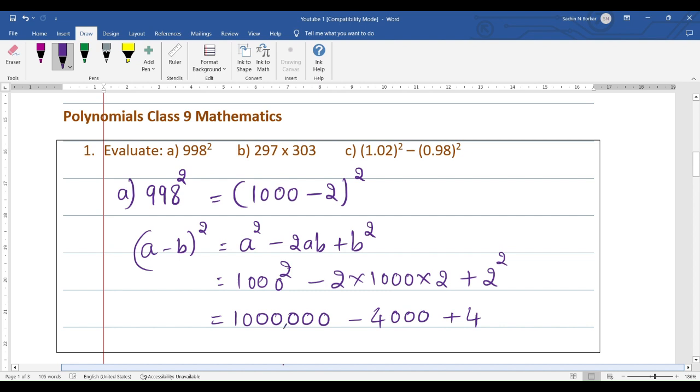So it is 10 lakh. In 10 lakh, when 4000 goes, it is 9 lakh 96,004. This is the answer.